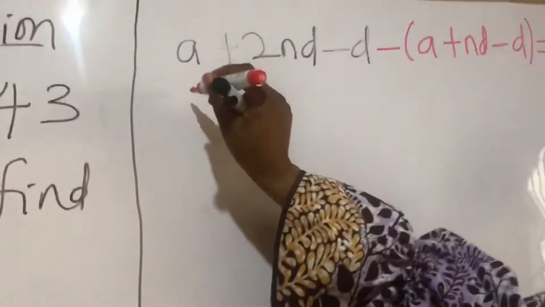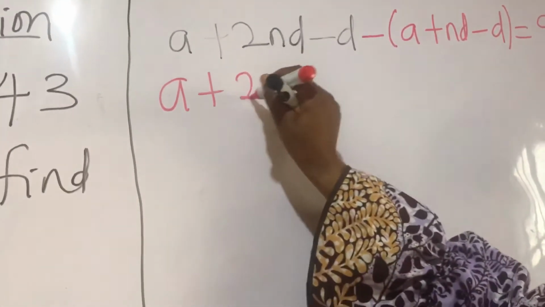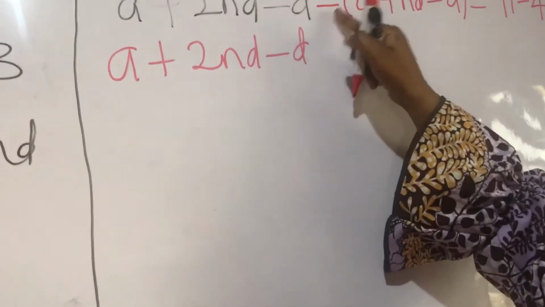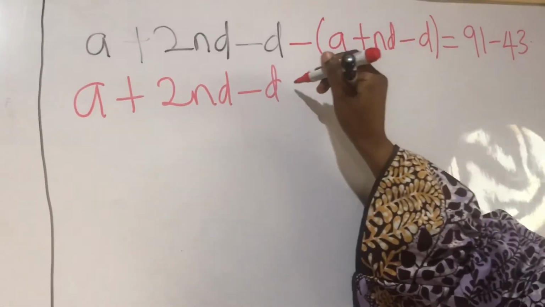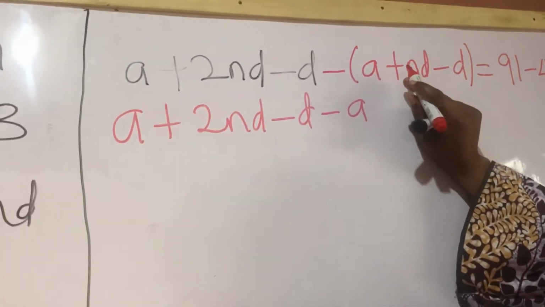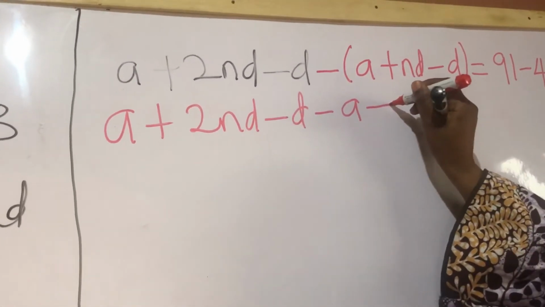So expanding it, A plus 2ND minus D. Negative multiplied by positive A gives negative A. Minus multiplied by plus ND is minus ND.